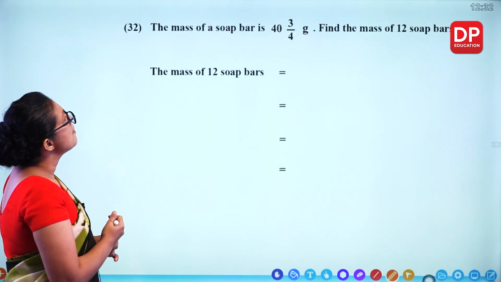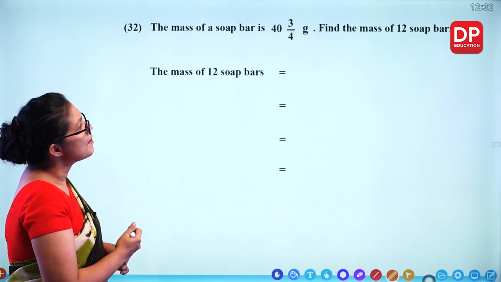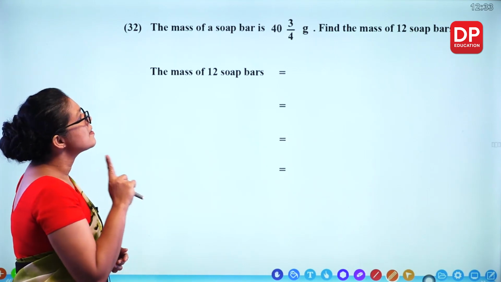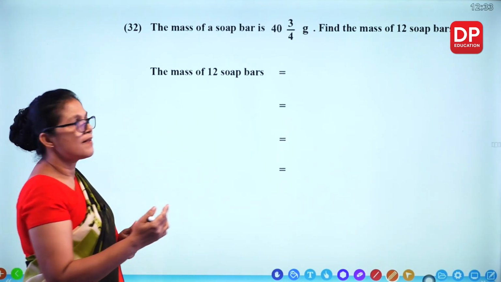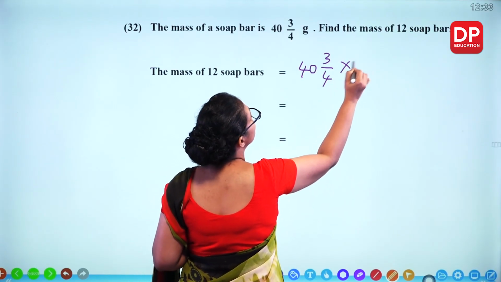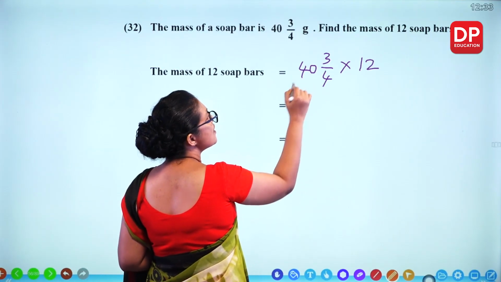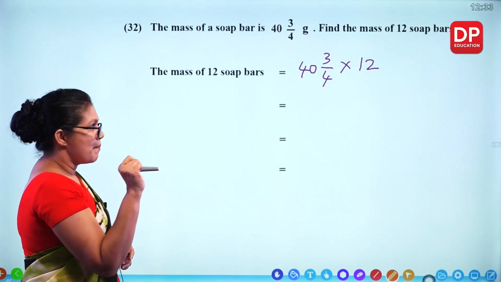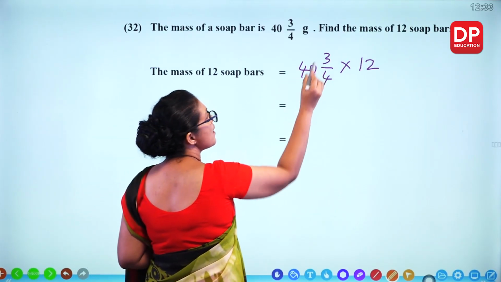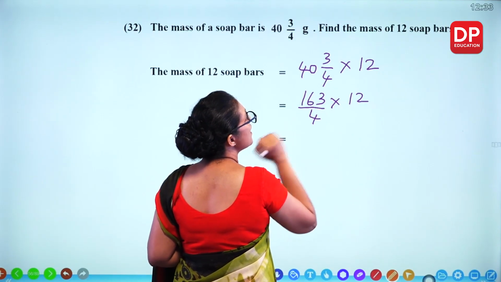This one, the mass of a soap bar is 40 and 3/4 grams. Find the mass of 12 soap bars. 1 bar is this much. What about 12? So you need to multiply this by 12. How do you do that? First convert this to an improper fraction. 40 times 4 is 160 plus 3 is 163. Multiply by 12.